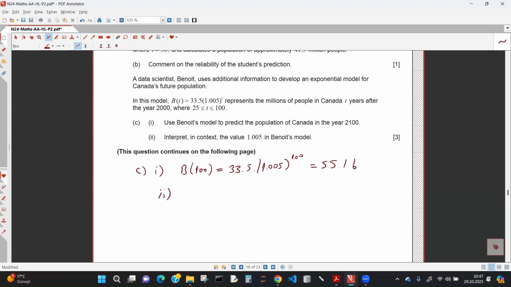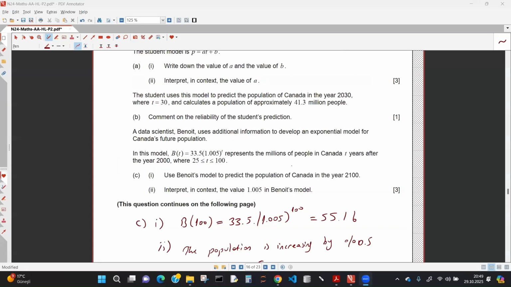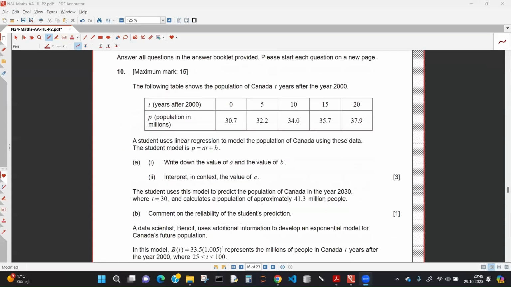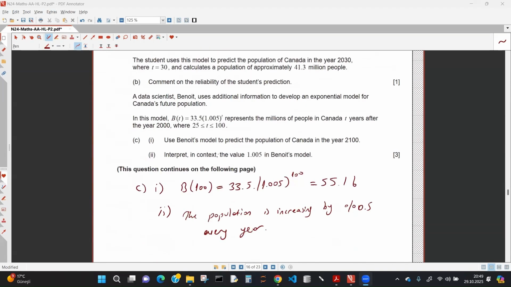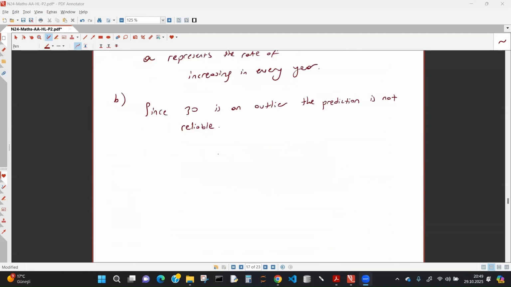So we can say that the population is increasing by 0.5 percent every year.